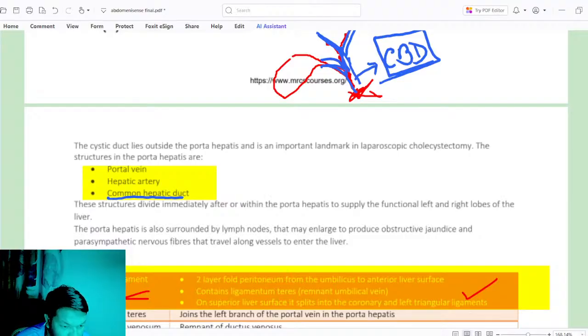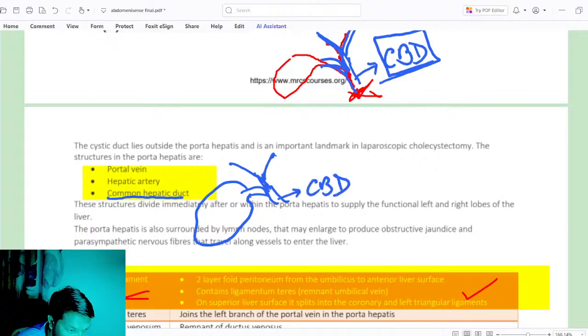Common hepatic duct is also acceptable because when the right and left hepatic ducts join together, it is called common hepatic duct. And when common hepatic duct joins with the cystic duct, which is coming from the gallbladder, then it becomes common bile duct, CBD. And stone in CBD is a nightmare for any surgeon.